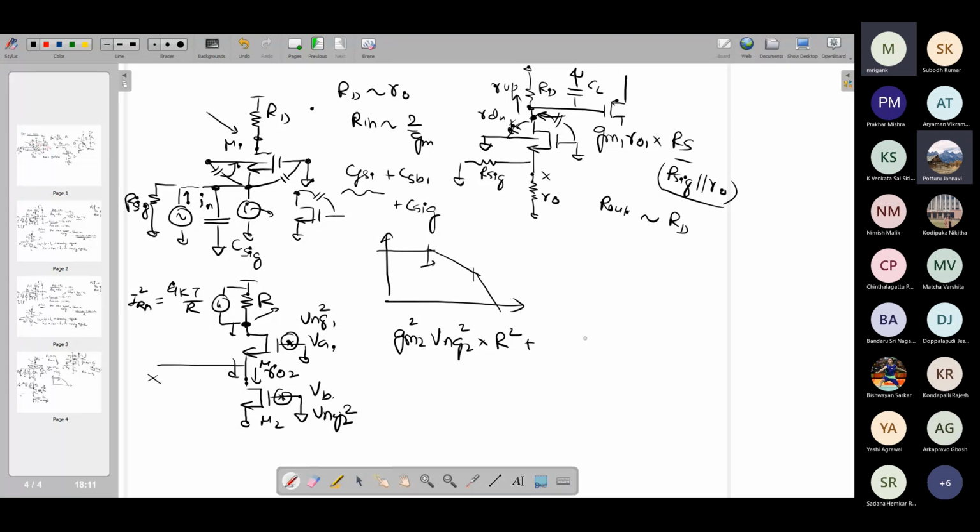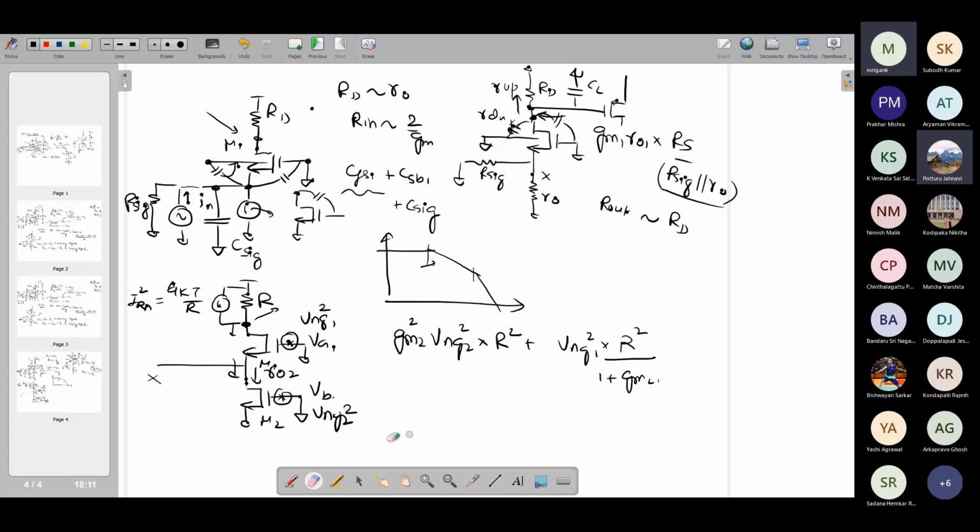So if I write it down, it will be VNG1 square, and this times approximately 1 upon GM RS, right? So the overall gain of this one is going to be R square upon 1 plus GM2 RS, which is basically nothing else but R. I hope I can select like this also.